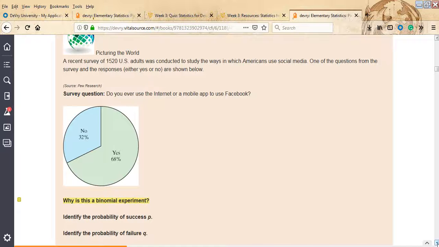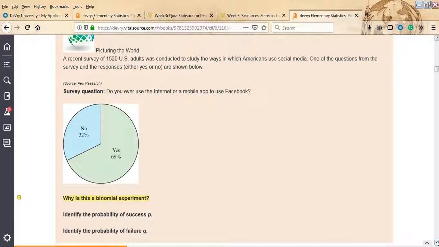I don't like the way this is presented, calling this a binomial experiment, because to me this is just the empirical probability, or the sampling that was done to calculate an empirical probability, setting me up to now where I can do a binomial experiment.